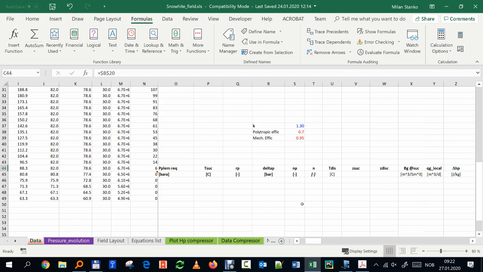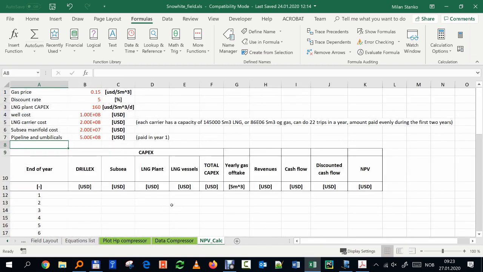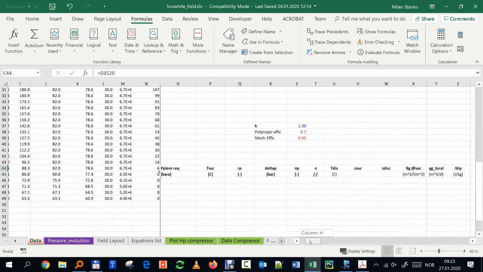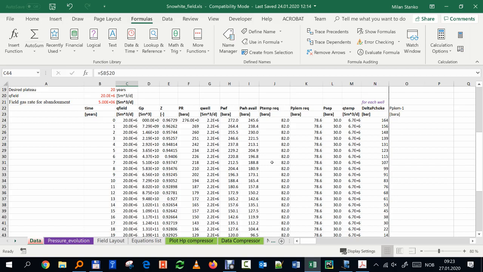So here you have to evaluate the compressor, how much longer plateau you can get with compression. You also have NPV calculations of the project. So don't discard this sheet, keep it somewhere, and we will use it for later lectures. Also, I'm doing this myself, I hope some of you are following, but try to watch the video again and do it by yourself, so that you have it ready.